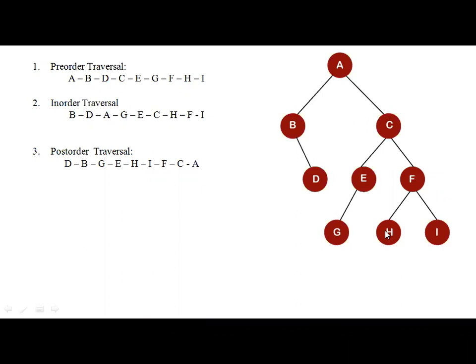H is its left child. Since there is no left child here, write H as output, right? Okay, then left over, then root F visited, write onto the output, then right, I visited. Now see here, left, root, right, visited. For this, left, root, right, visited. And for this, left, root, right, visited, over.